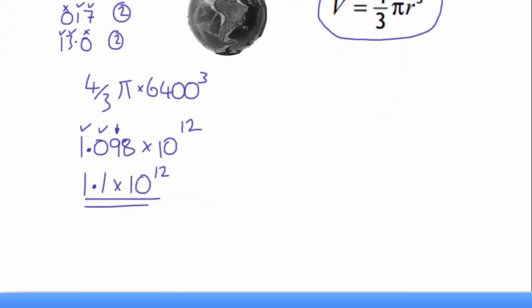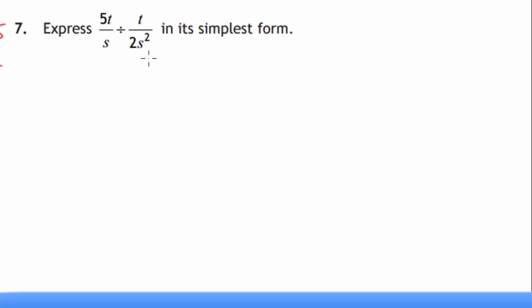Right, this next question is worked out the same way as any normal fraction apart from it's got some letters in it, so it's an algebraic one. So if we look at this, e over s divided by... I don't know why I'm writing the thing out again, force of habit.